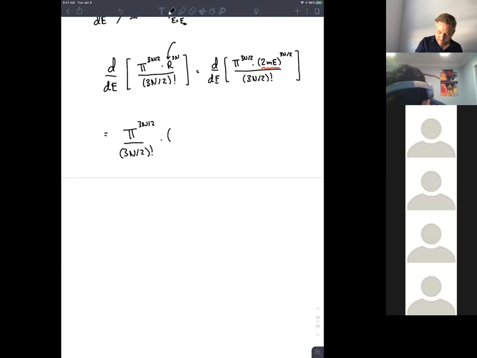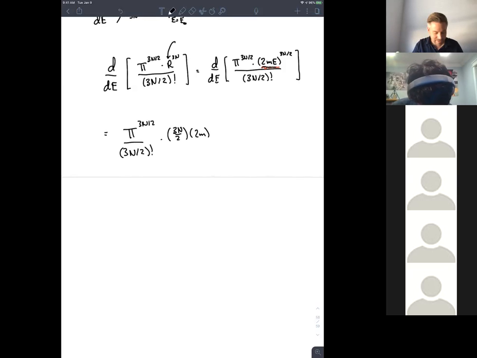And so what I get is I pull down my exponent, 3n over 2. Then from the chain rule, I have to take the derivative of the thing inside the exponent. So I get another factor of 2m. Okay. And then times 2mE to the 3n over 2 minus 1. Piece of cake, man, right? No problem. That's it. That's our answer.